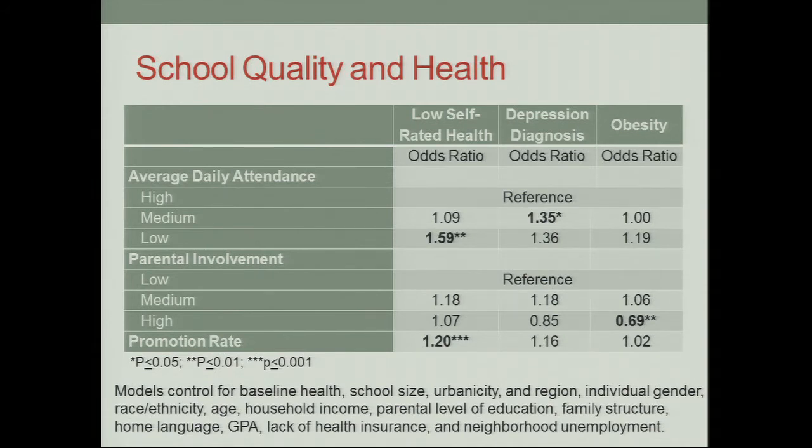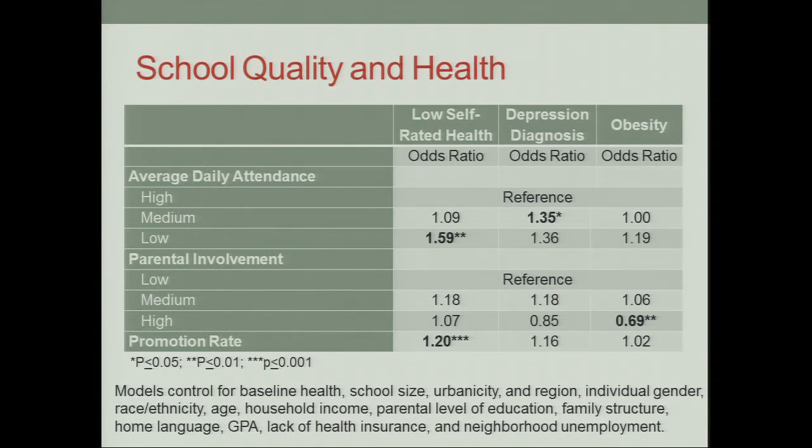better health. Now, the surprising thing is when you look at promotion on this bottom row here, a higher school level promotion was actually associated with lower self-rated health in adulthood. This was only seen after controlling for the covariates and other school quality measures.